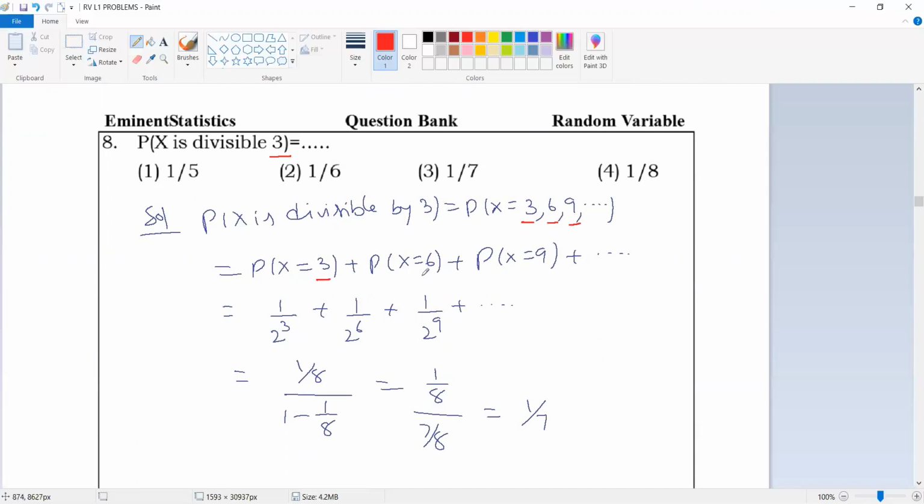X equal to 3, x equal to 6, x equal to 9 and so on. Now x equal to 3 gives 1 by 2 cube, 1 by 2 power 6, 1 by 2 power 9 plus and so on. Apply the formula A by 1 minus R: 1 by 8 by 1 minus 1 by 8, that is 1 by 8 by 7 by 8. The 8s cancel. The result is 1 by 7. It's a straightforward problem, but a very important one.